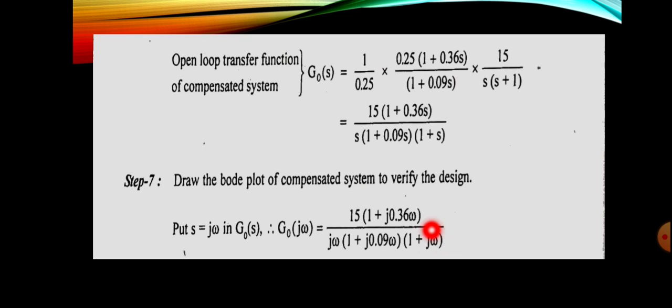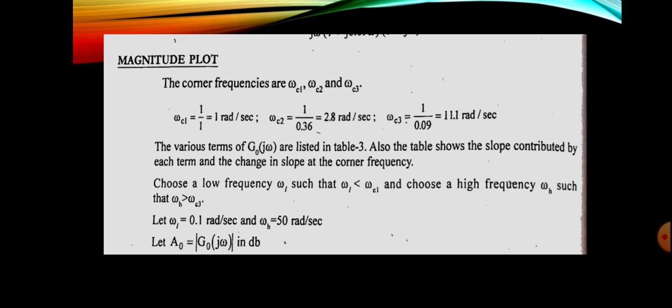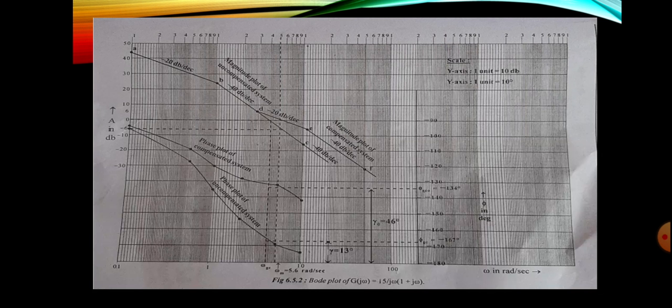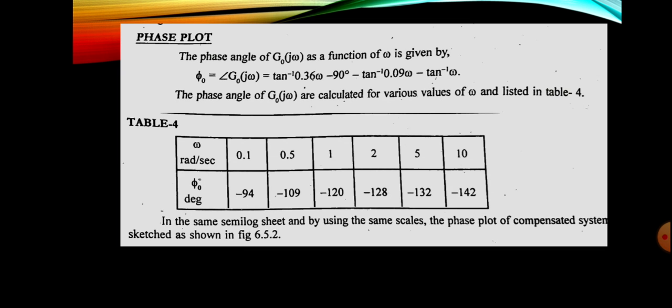Next term is minus tan inverse omega. So altogether we will get the phase equation as tan inverse 0.36 omega minus 90 minus tan inverse 0.09 omega minus tan inverse omega.